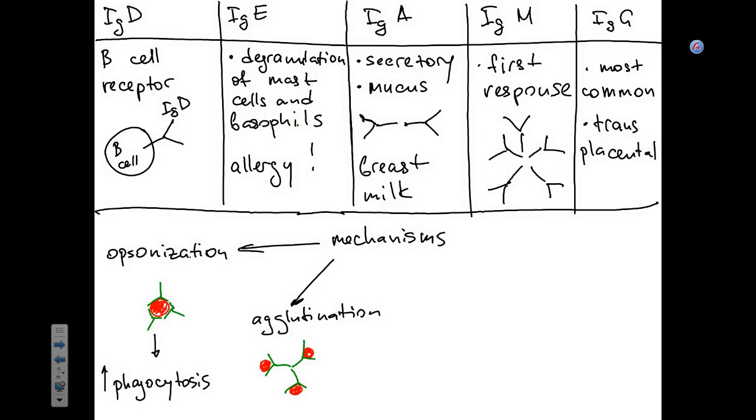A mechanism that is very similar to agglutination is called precipitation, and it works not for cells but for molecules. So let's say you have molecules of tetanus toxin.